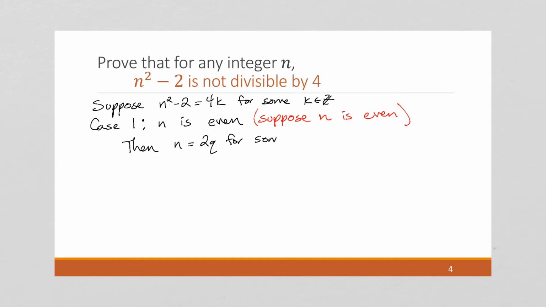For some integer q. Well then n squared minus 2 is going to be 2q squared minus 2, which we can rewrite as 4q squared minus 2.